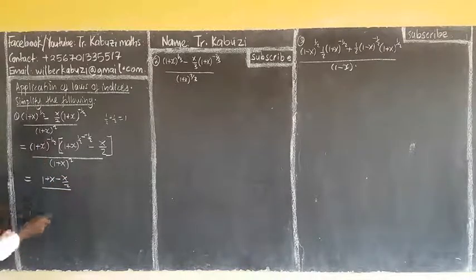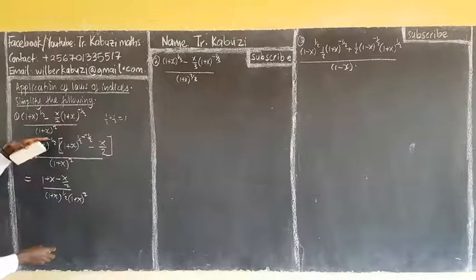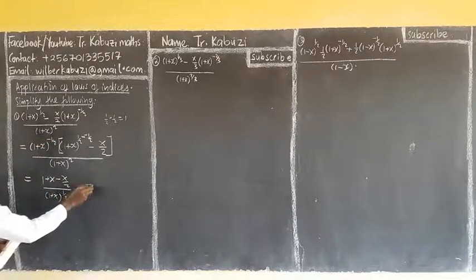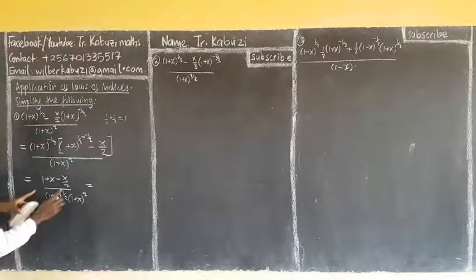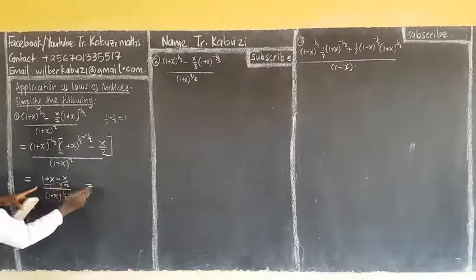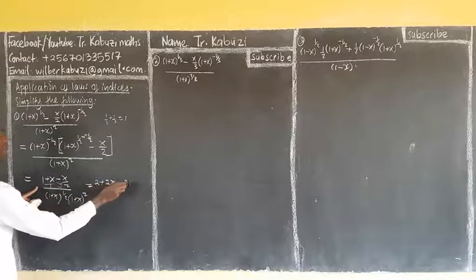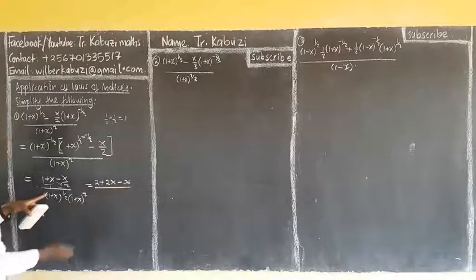Now here, when I push this one down, I have 1 plus x, power now a half, then 1 plus x, the whole power 2. When I push this down, the power becomes positive. So if you multiply here, this is over 1, so it was multiplied up and down, and they are adding now 2, then plus 2x, then minus x, the whole over.